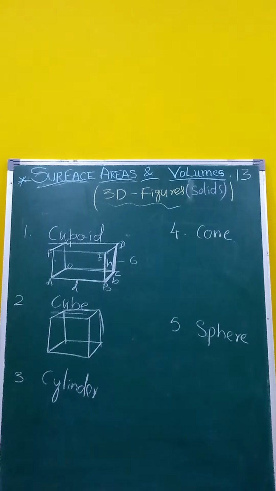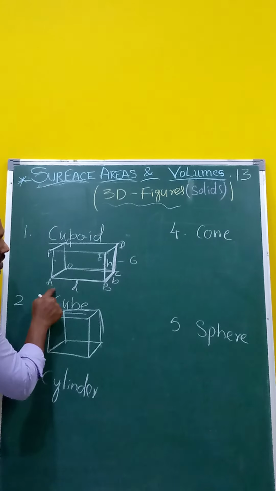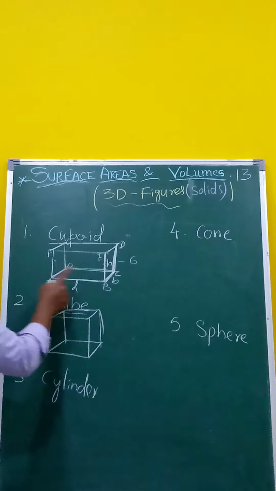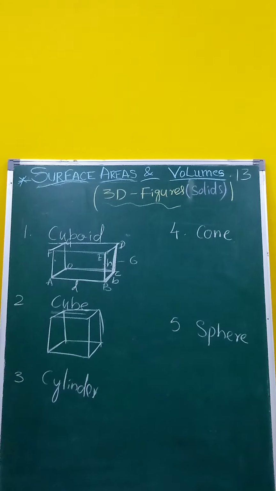This is the cube. Here also there are the same 6 surfaces. How many edges are there? Total 12 edges and 8 vertices are present.